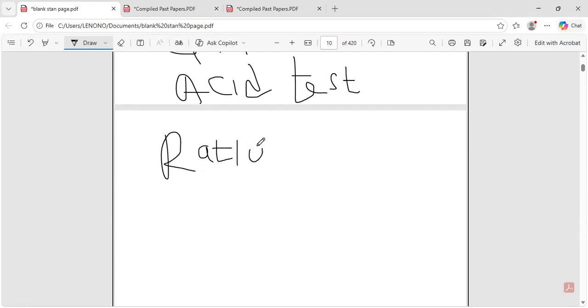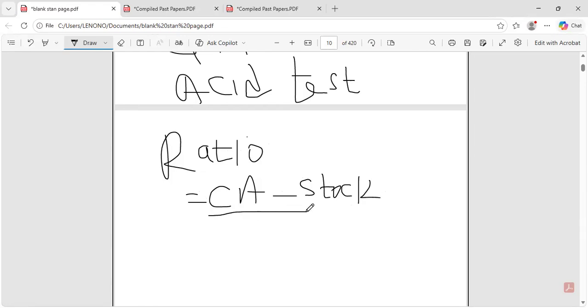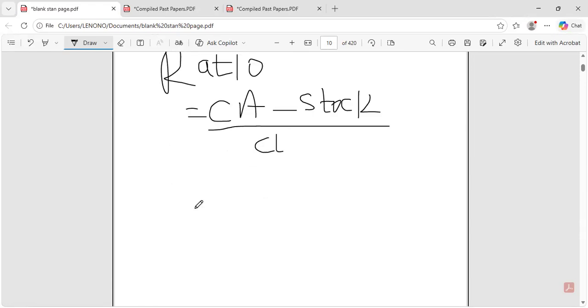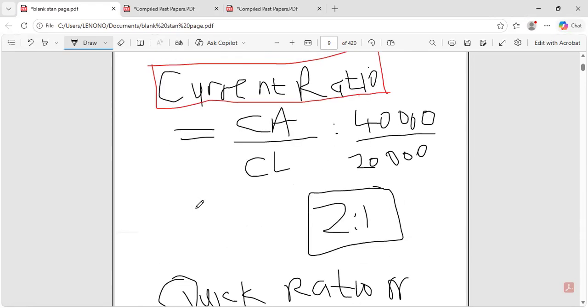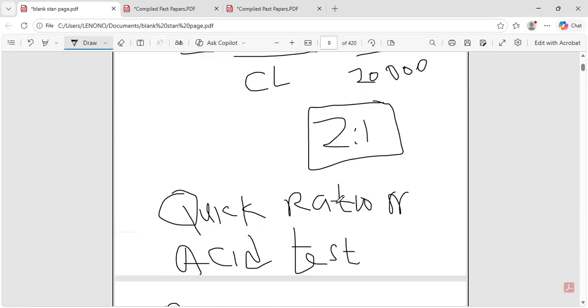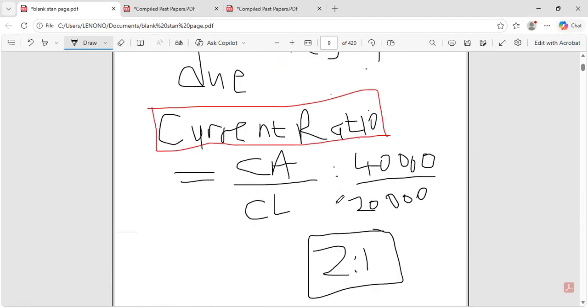Under this ratio, we simply say it is equal to current assets minus stock over current liabilities. Even here, in both cases, the ratio should be above 1. If the assets are less than the liabilities, then you're not doing fine because you fail to pay them as they come due. That's what it means.